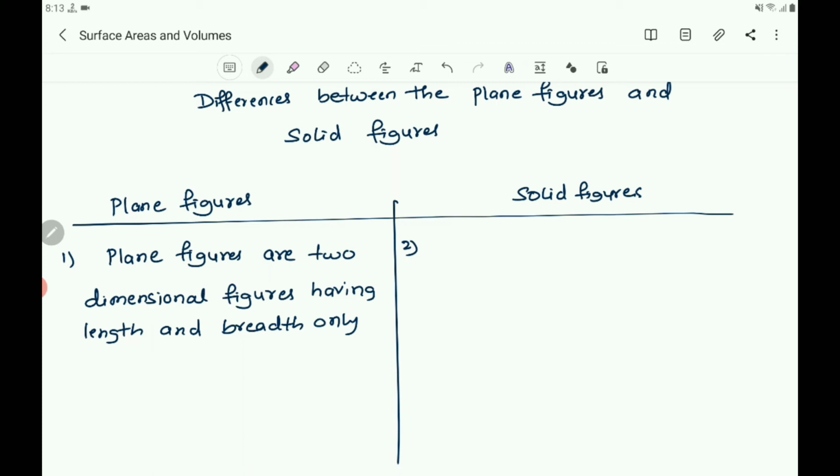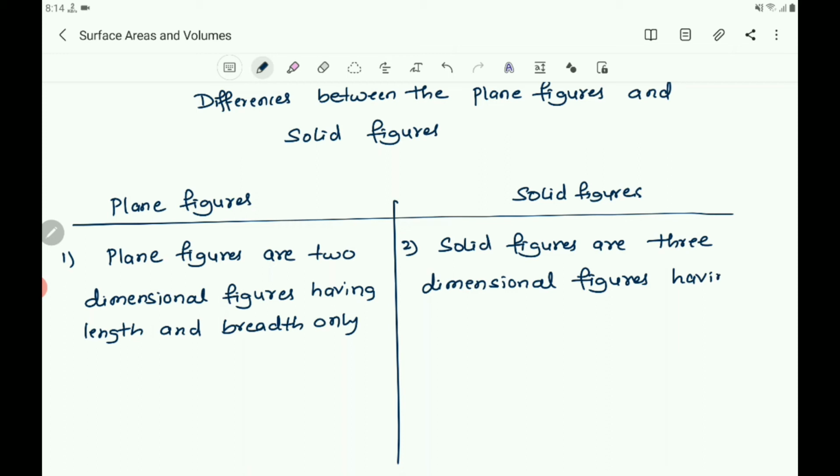Then second one, solid figures are three-dimensional figures having length, breadth, and the third dimension they are having is height.